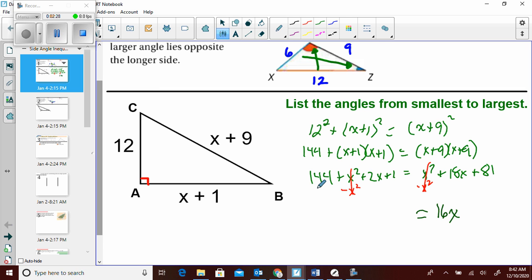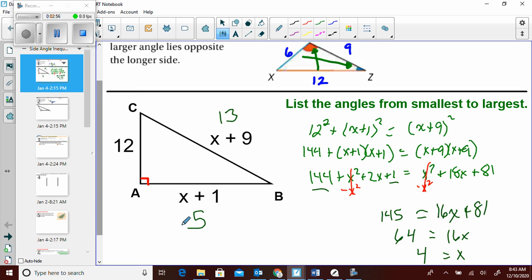And I'm going to bring this 81 over here. Then 144 plus 1 is 145, minus 81, so you have to combine those like terms. I get 16x equals 64. X is 4. So if x is 4, that gives me 13 and 5.